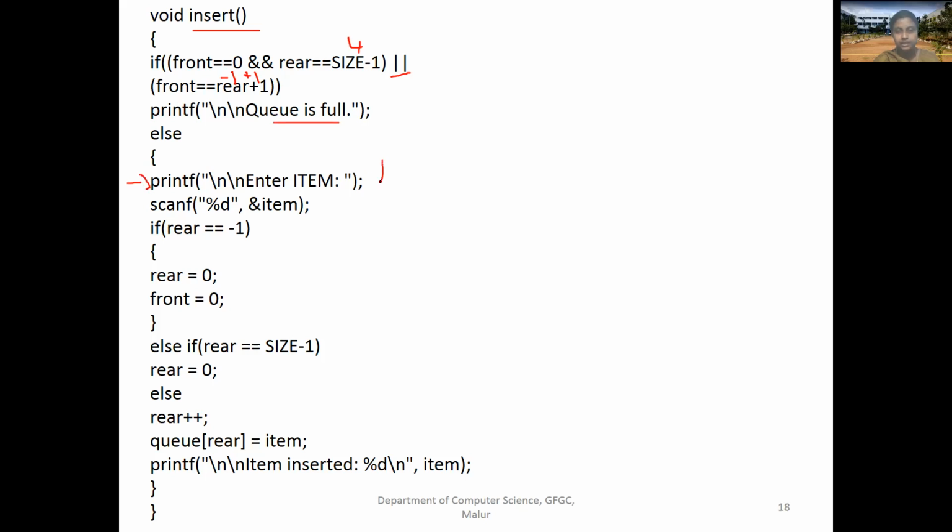Enter item. Consider we will enter the item 14 using the scanf statement. Then it will check if rear is -1. If rear is -1, make rear 0 and front 0. Otherwise, if rear is size -1, where size is 5, 5 minus 1 you will get 4.